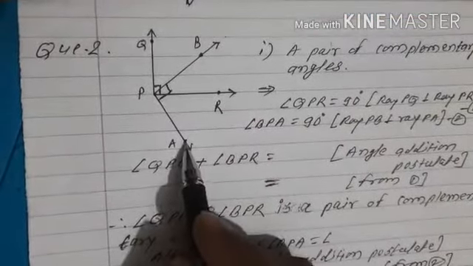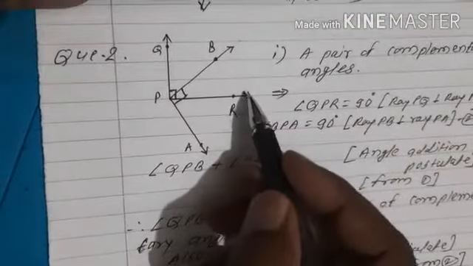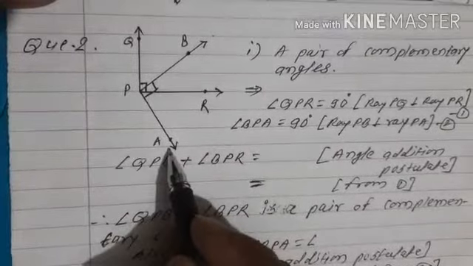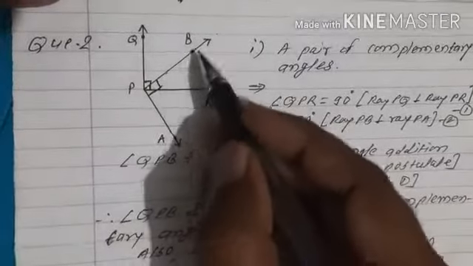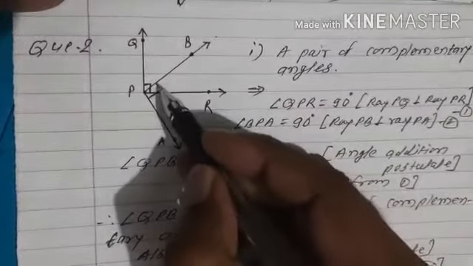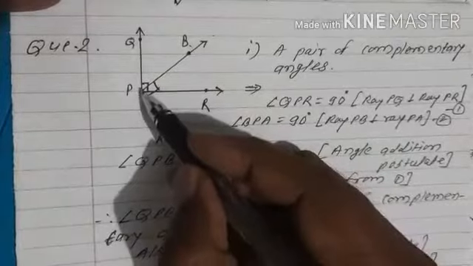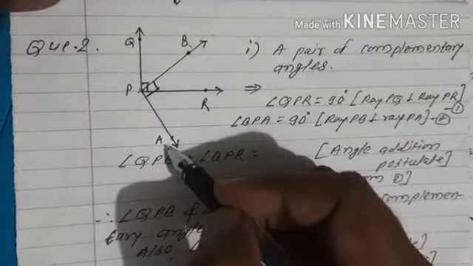Again, point A is in the exterior of angle QPR. Therefore, I draw ray PA such that ray PB is perpendicular to ray PA.